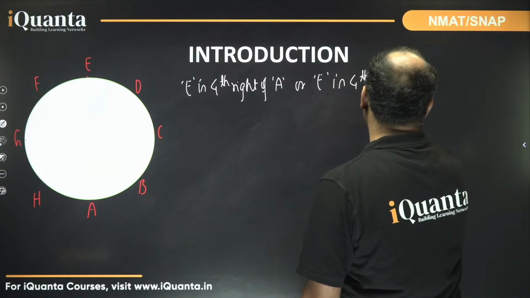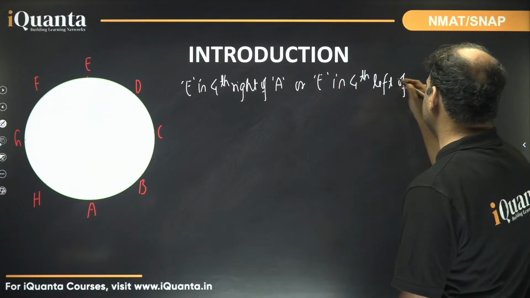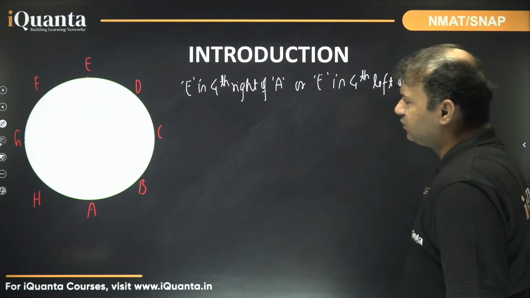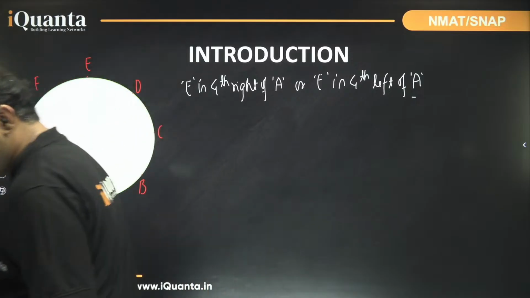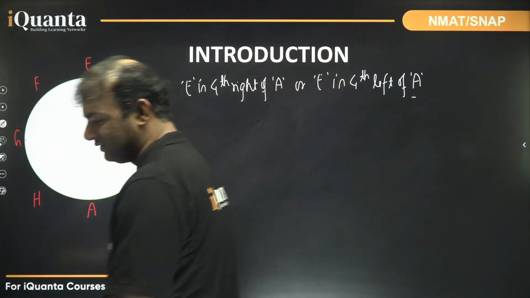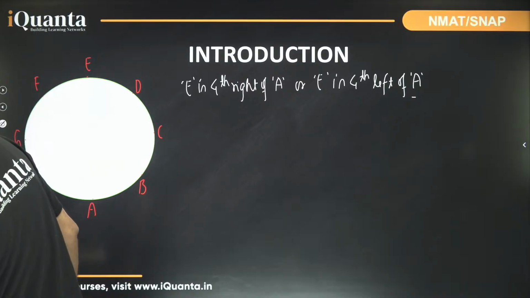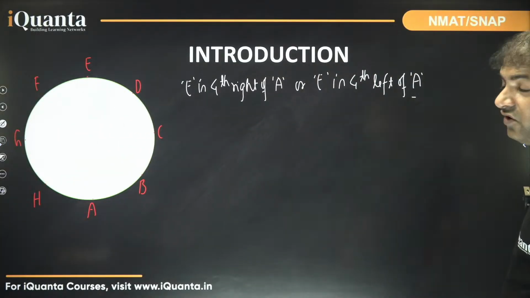Why is the distance of E with respect to A the same from both sides, either from the right or from the left? Anyone, can you tell me why the distance is same? Okay, let me tell you. The distance is same because they are opposite to each other.